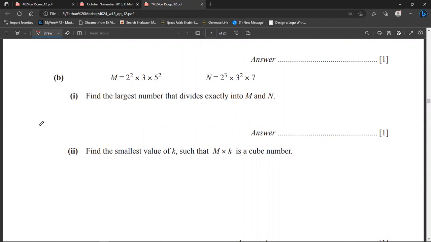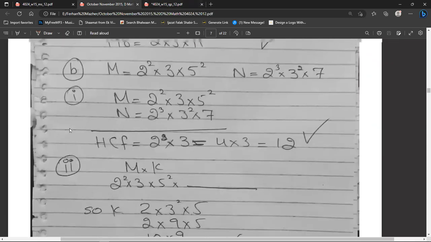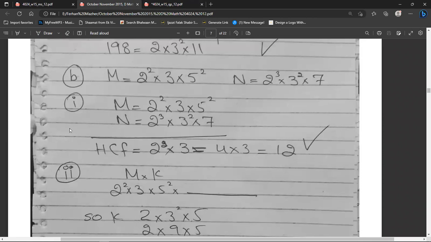So they are asking us to find out the highest common factor, basically. When you take the highest common factor, the largest number which is divided exactly into M and N, remember this wording is tricky.